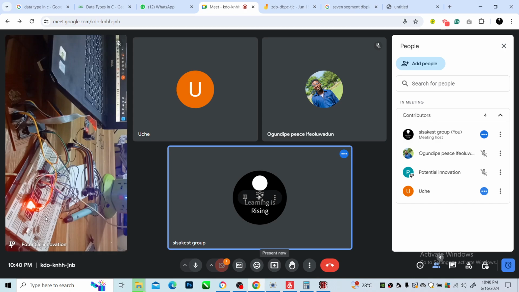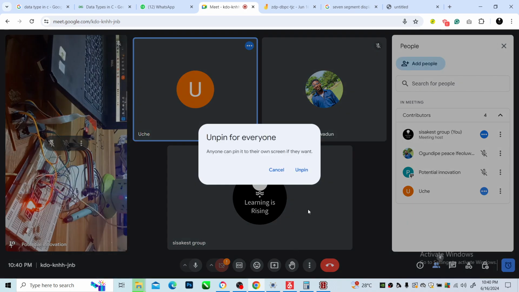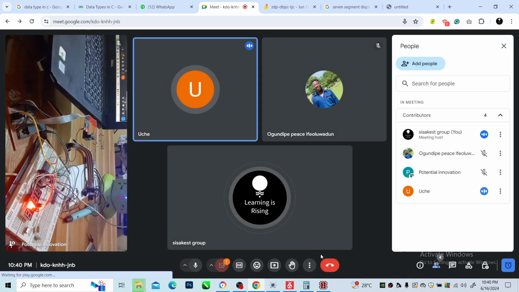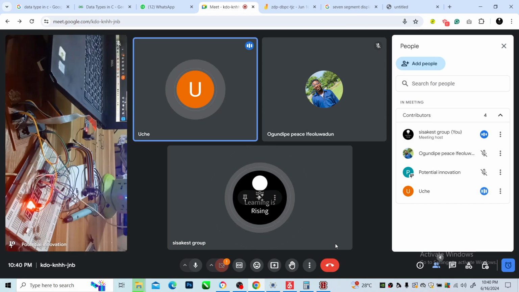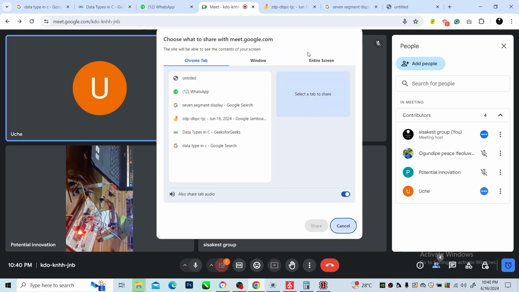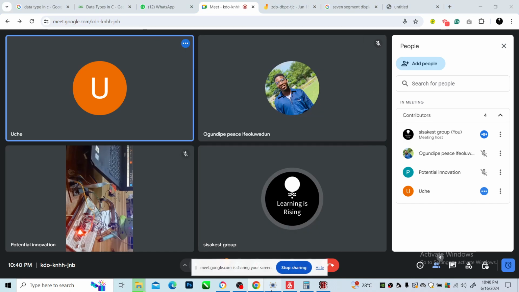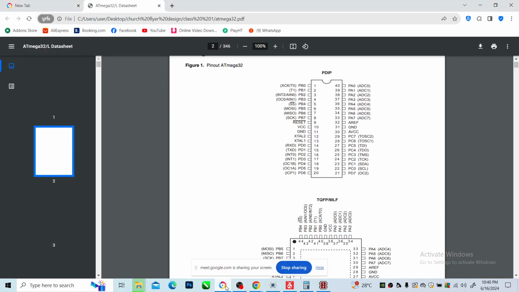Yeah, share your screen. Let me unprint it. You see, this is hardware, and it's like that. So look at this.